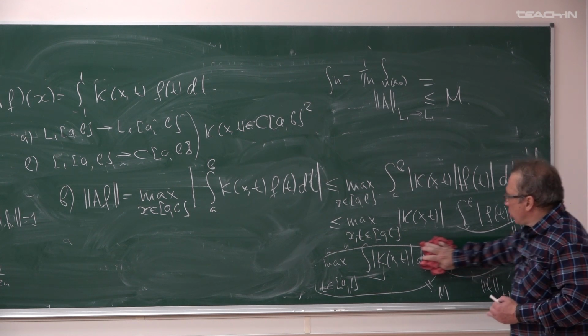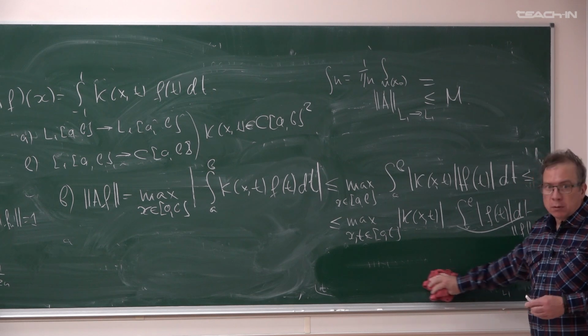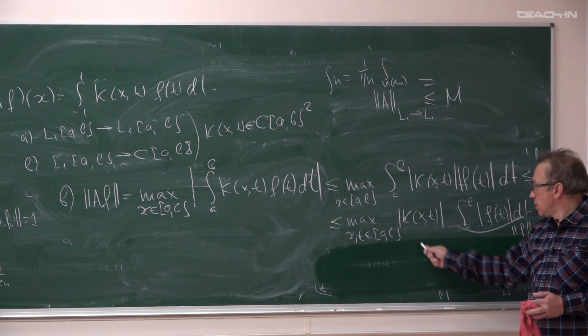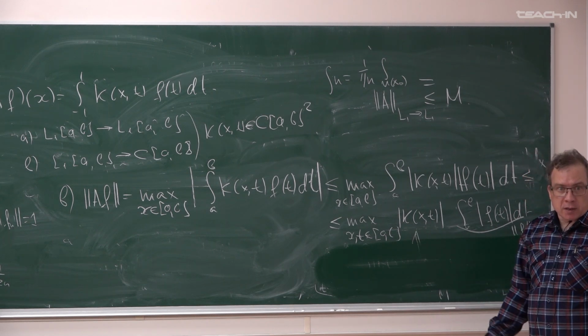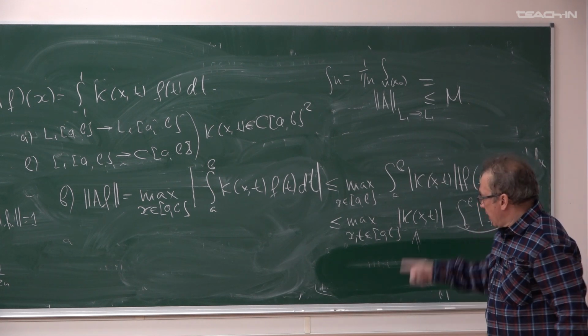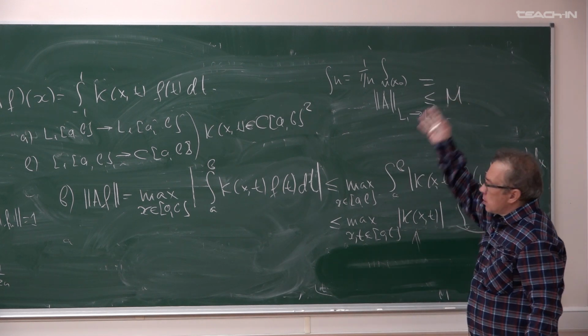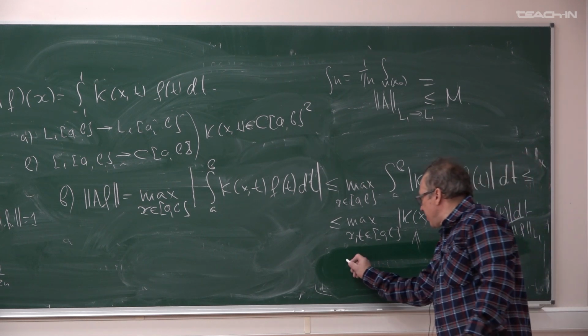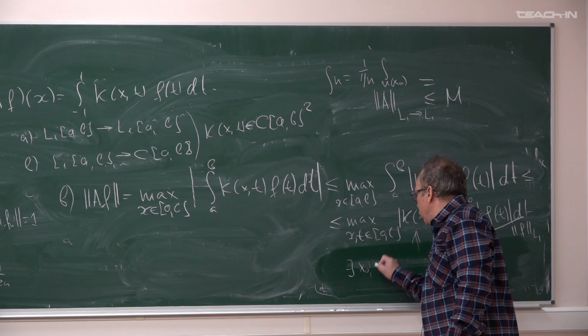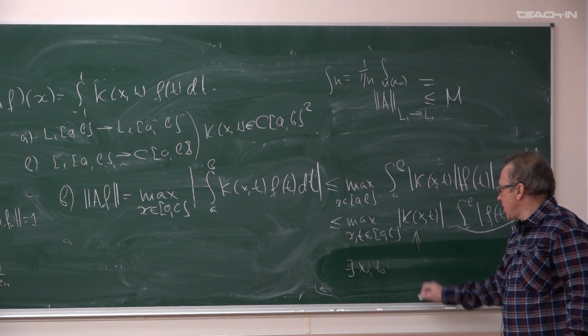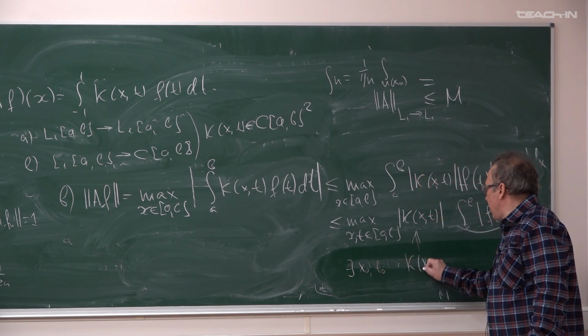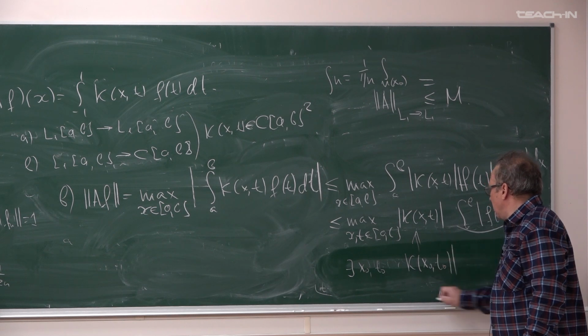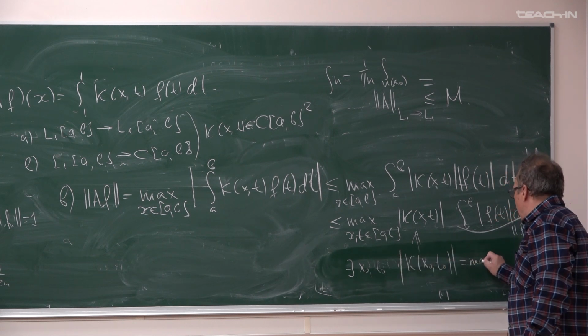So who is the candidate for the norm of the operator? This is the candidate. But we can say that there exist x0, t0 such that the value at these points coincides with this maximum.